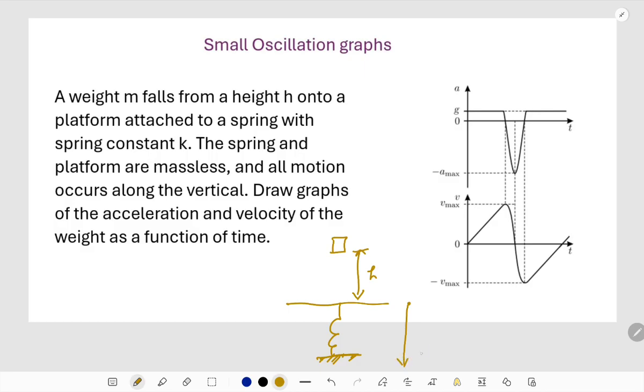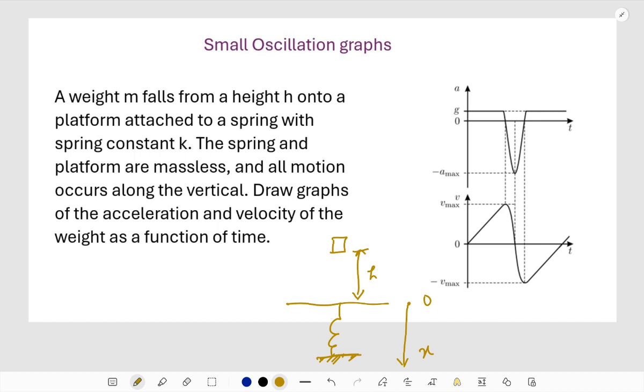Remember, a spring will be undeformed in the beginning because no mass is in contact with it. And now we draw graphs of the velocity and acceleration of the mass on this axis depending on time.